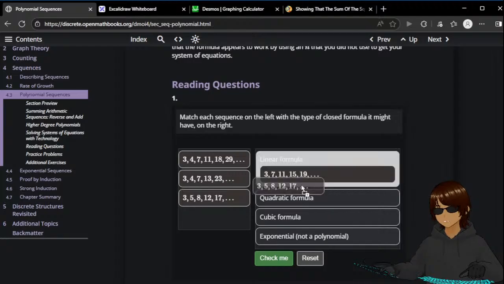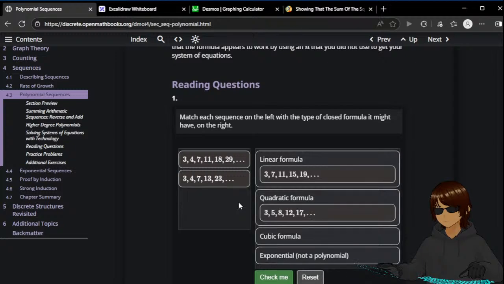Quadratic. Now the question is between cubic and exponential. 3 plus 1 is 4. 4 plus 3 is 7. 7 plus 6 is 13.